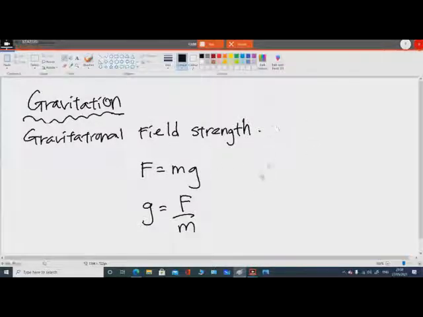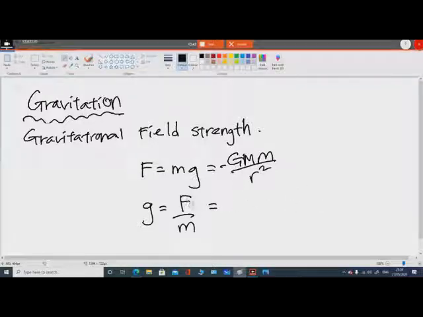Let's say this F is also equal to our gravitational force, GMm over r squared. Note that the weight of the object, which is exerted on the mass of the object, is equal to the gravitational force exerted by the object.